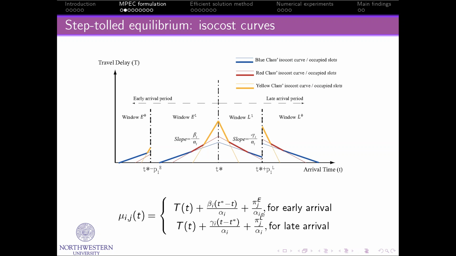Here, the total cost is measured in units of travel delay. So for each class i and each arrival window j, we have a straight line, which is the isocost curve. That's how we enforce the user equilibrium within each window.